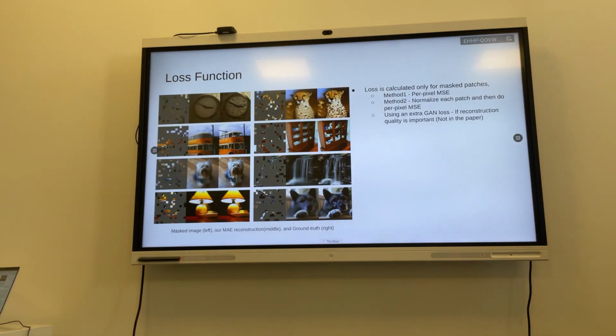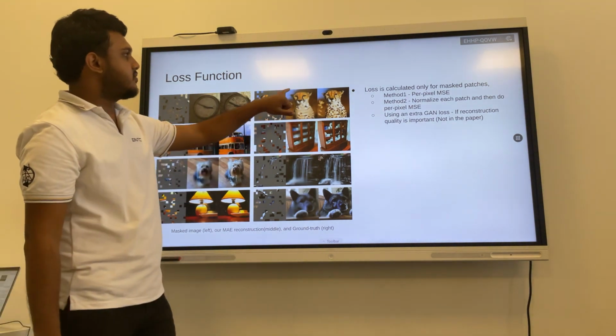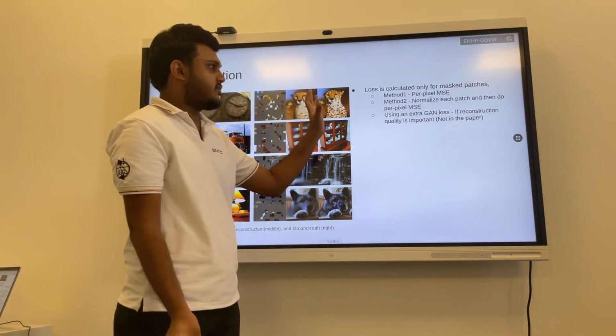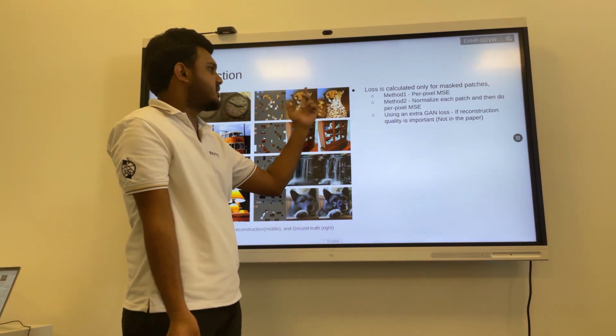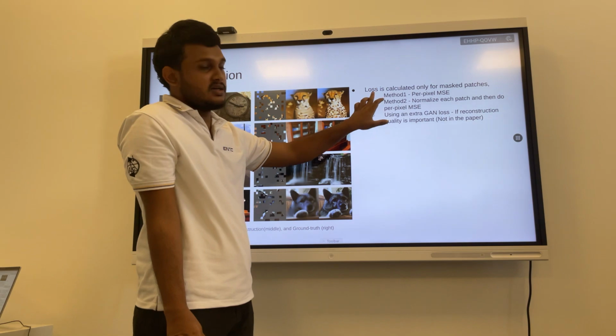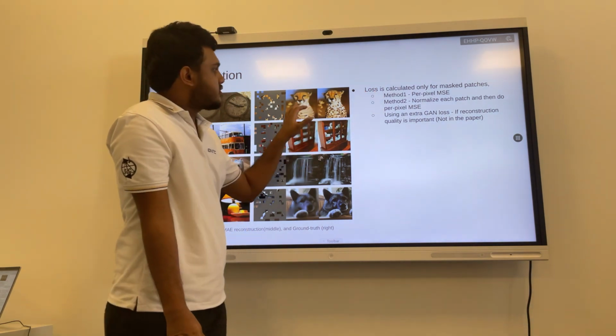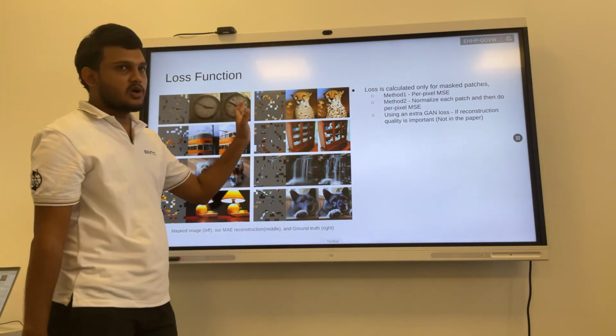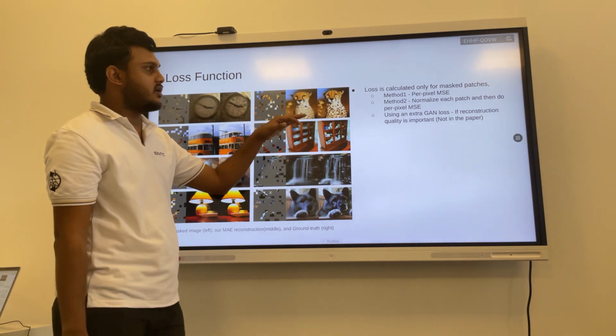So the loss function which they have used here is per pixel. They have first tried doing per pixel MSE, and they are only calculating the loss for masked patches. The unmasked patches the model is already seeing, so they are not calculating loss for those.